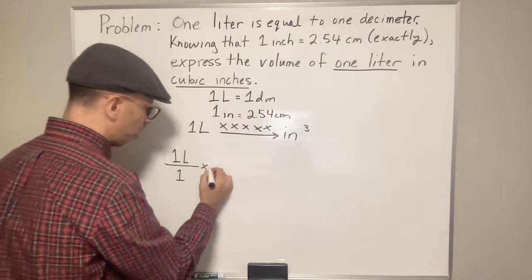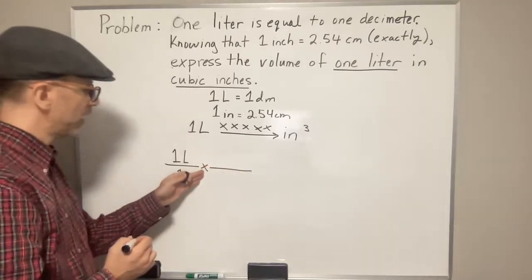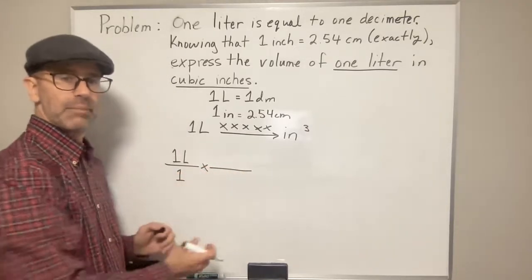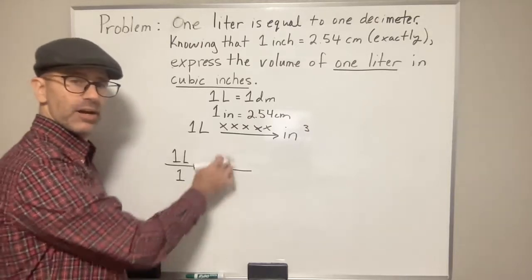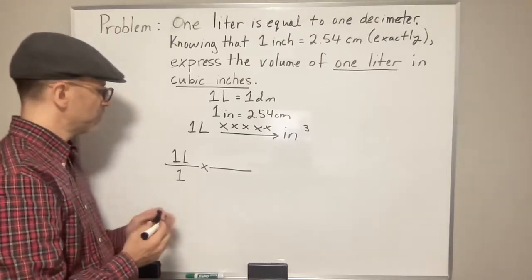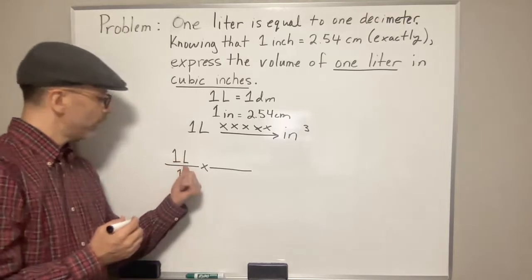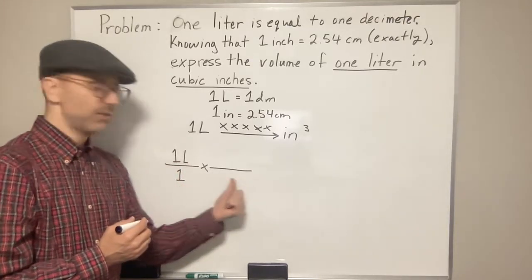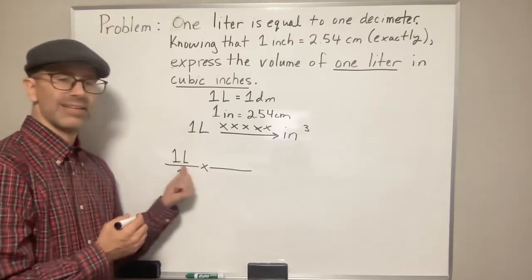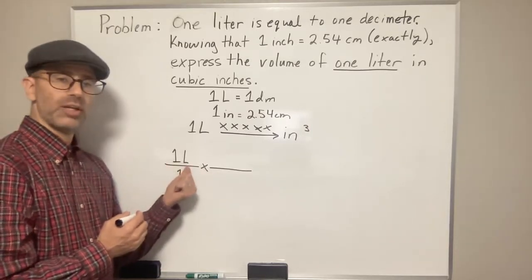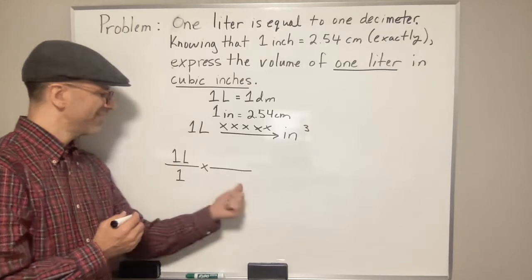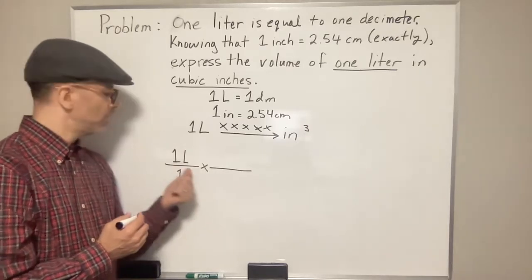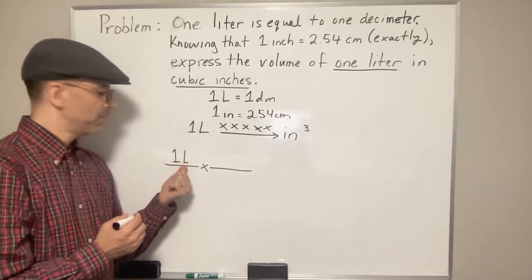I put a multiplying sign and a line, and I'm going to create my fraction, my ratio here. Whatever unit I have on top, I have to have on the bottom. What I'm talking about is not the number, but the unit. You don't have to put the same number down, but it should be the same unit.